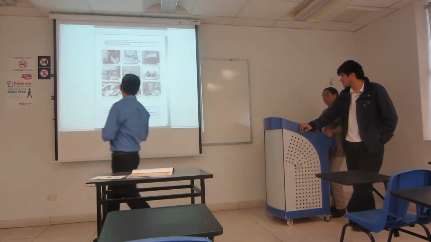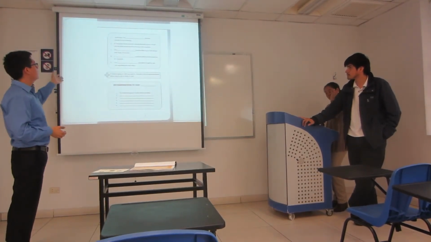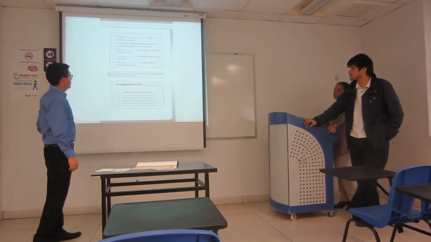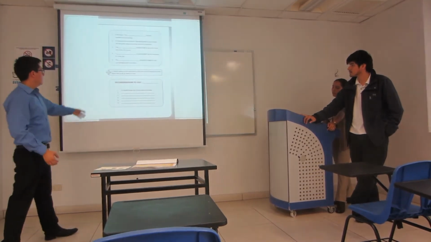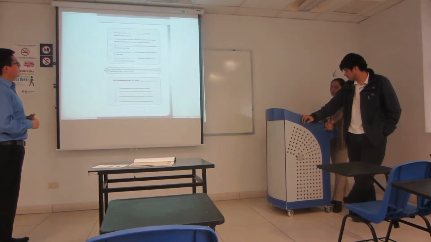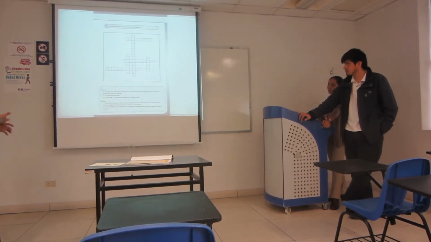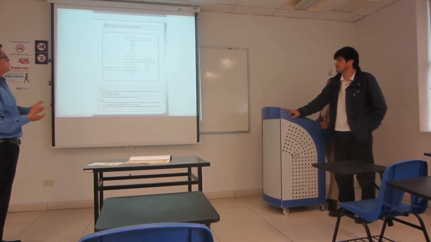Based on the grammar that we study in the book, we have exercises, and students also have to write recommendations here as an exercise. We include different kinds of exercises, not only choosing the correct letter or reading, but also crosswords.